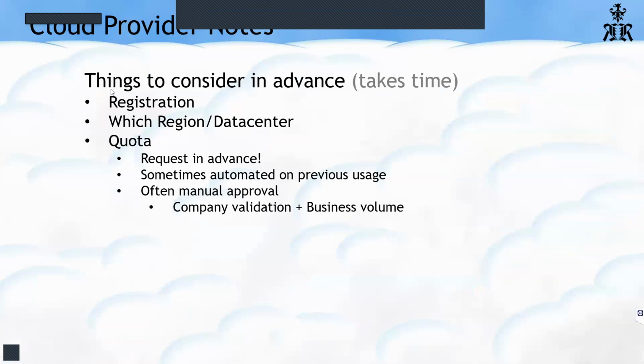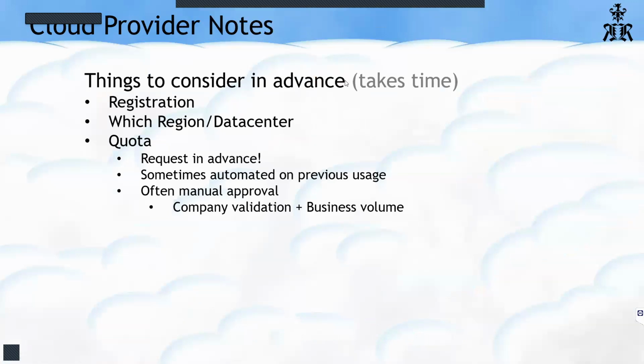There are a few things to consider in advance. If you want to render tomorrow, then I would say it's not enough time, because you have to register. Then you might want to decide which region or data center you want to use.